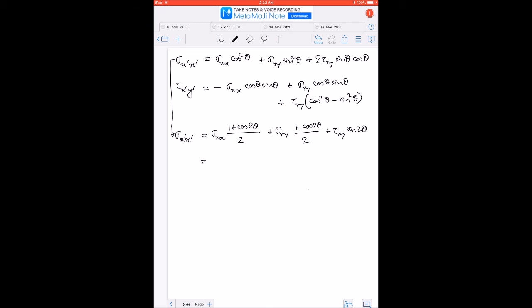So if we rearrange it, what we'll obtain is sigma xx plus sigma yy by 2 plus sigma xx minus sigma yy by 2 cos 2 theta plus tau xy sine 2 theta.